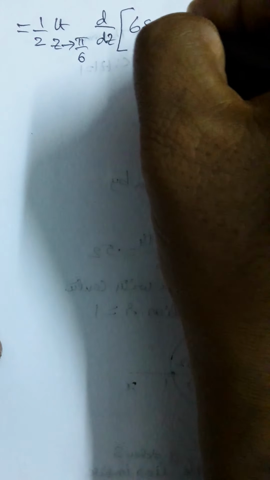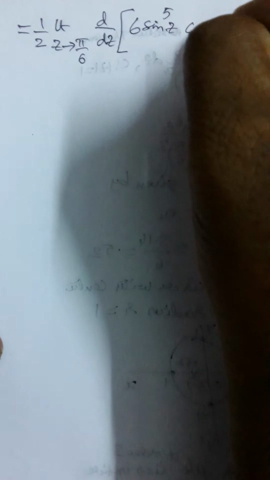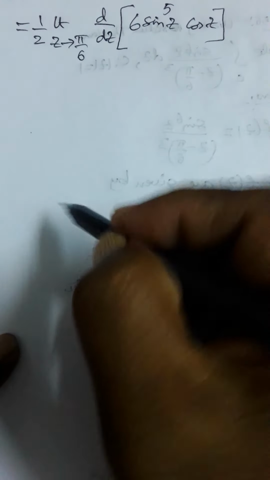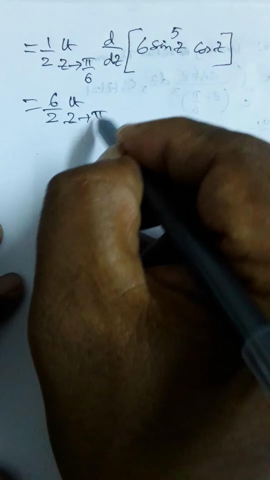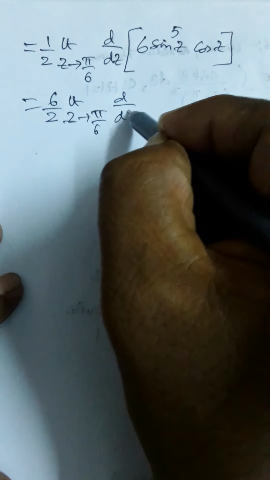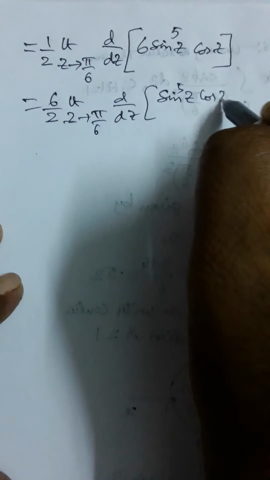The derivative of sin to the power of 6 z, by the formula n x to the power of n minus 1, is 6 sin to the power of 5 z into cos z. Now take common 6, so 6 by 2, limit z tends to pi by 6 of d by dz of sin to the power of 5 z into cos z.